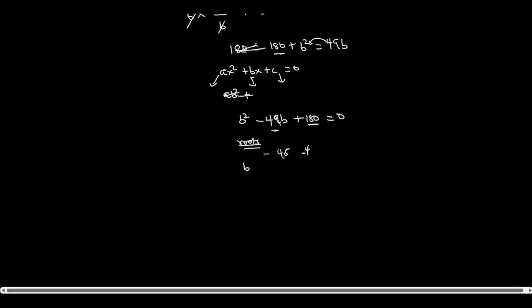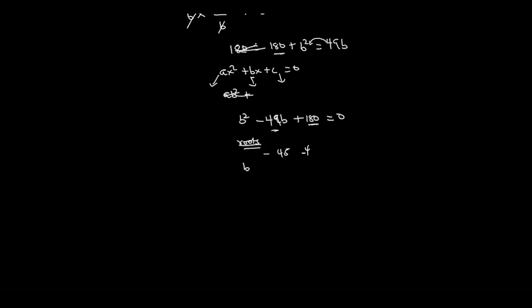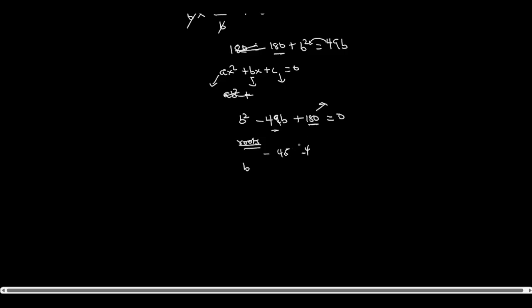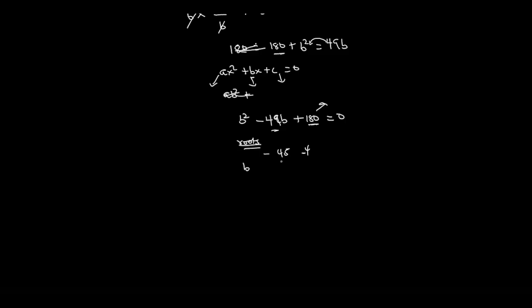Why am I saying that? If you really want to know how I was able to know those two numbers, that when I multiply I'll get 180, and when I add it's going to be minus 49, you just list down the factors of 180.